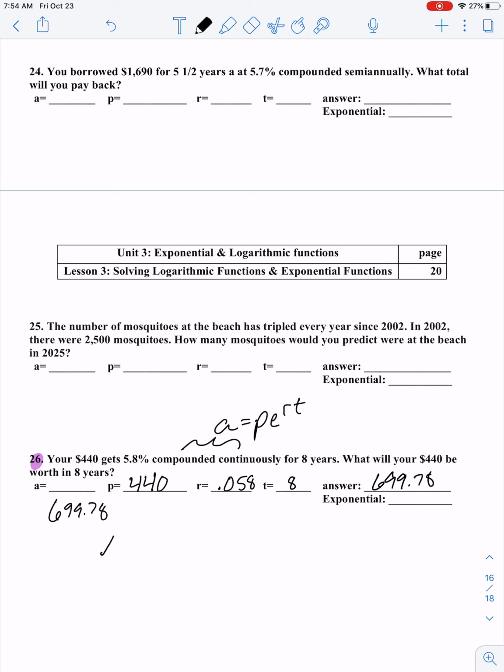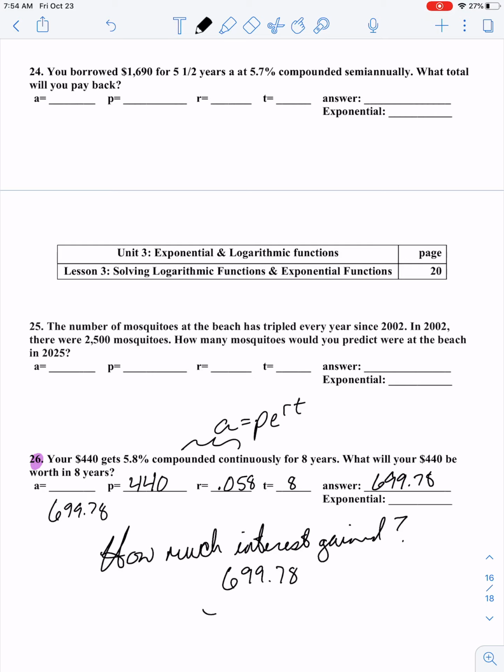So if I want to answer how much interest was gained, what I would do is just take my ending amount, subtract my initial amount, and this is interest gained.